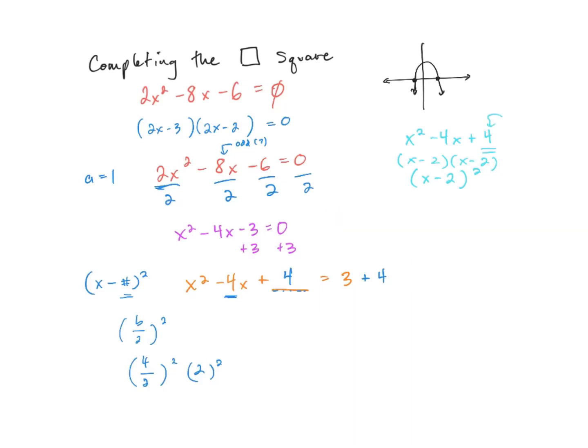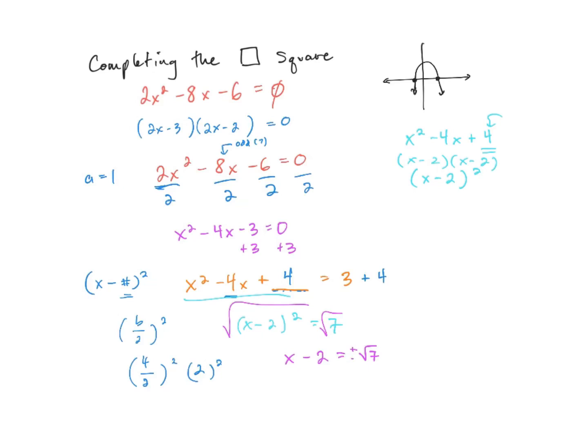So I'm able to change this x squared to x minus 2 squared equals 7. Now, as a final step, because I've been able to get x minus 2 as a quantity, I could take a square root from both sides, getting rid of this 2 here, and say x minus 2 is equal to the square root of 7.